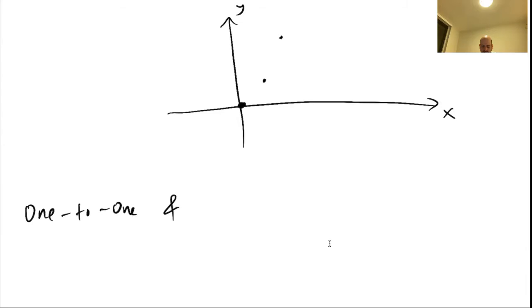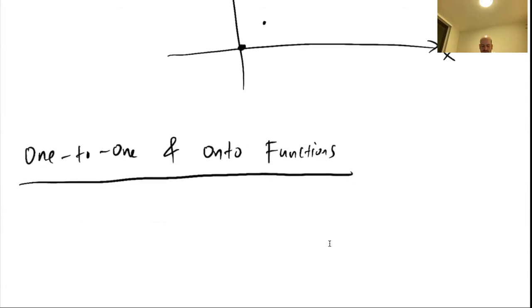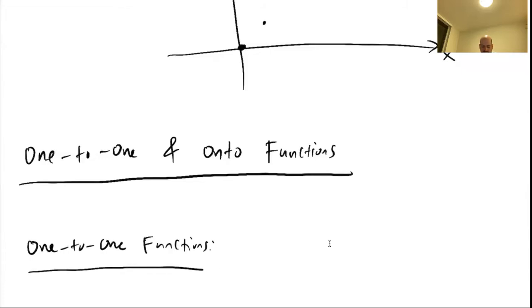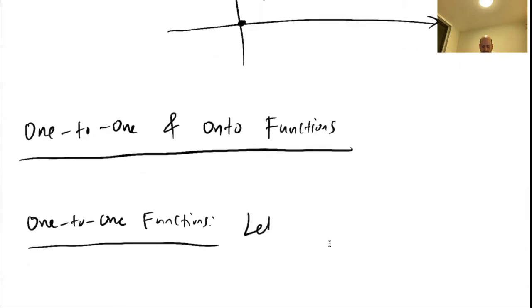One-to-one and onto functions. So when do we say that a function is one-to-one? One-to-one functions. Let f from A to B be a function.